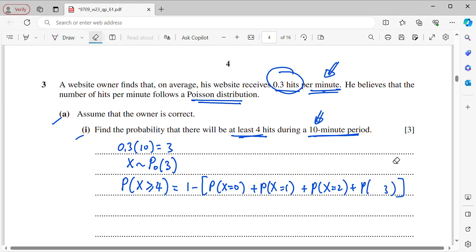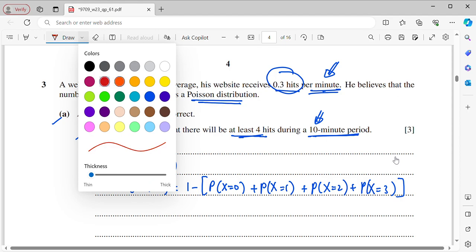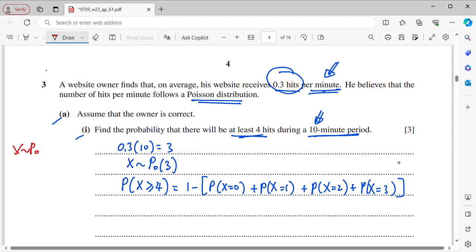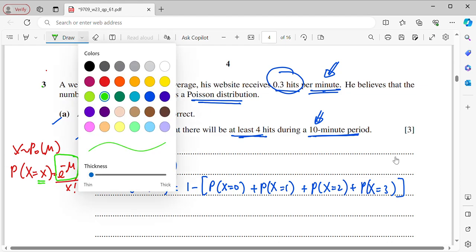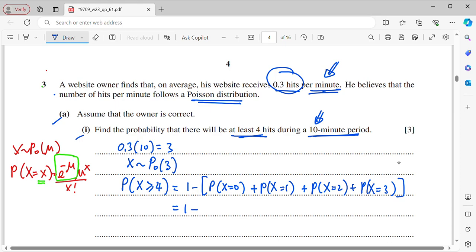Then from here, by using the formula, X is Poisson distributed with mean lambda or mu. Then the probability is basically e to the minus mu times mu to the power of X over X factorial. So you should understand that this e to the minus mu is a constant, because the variable is X. So from here, I will factorize e to the negative 3 because my 3 is the mu now.